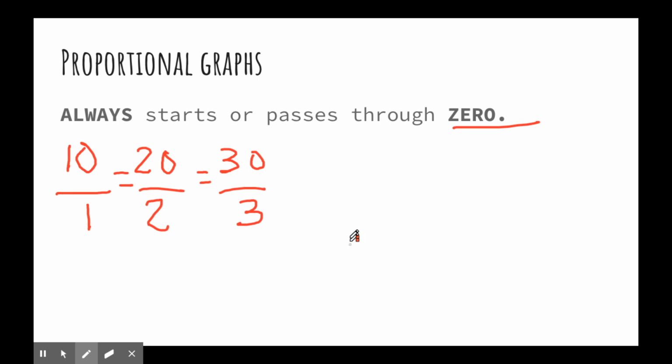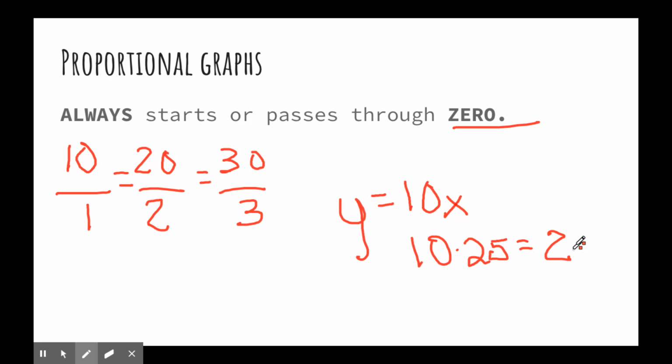My constant is 10, so I could write an equation that says y equals 10x to describe that. That way, if I said, I'm going to work for 25 hours, 10 times 25 would give me 250. And that would show me how much money I would make. So that's another proportion that I've created.